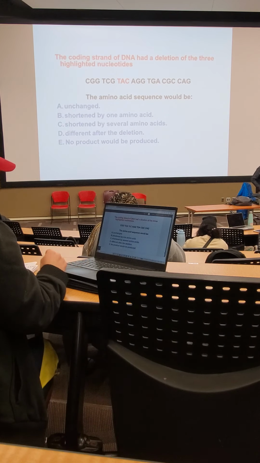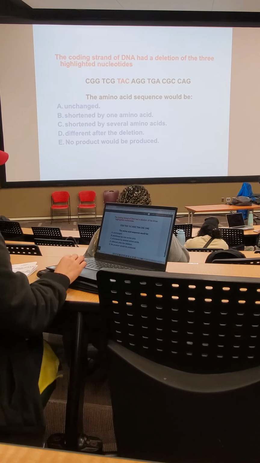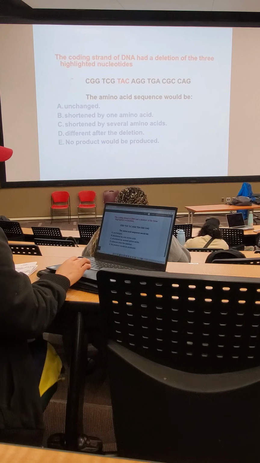So the question says the coding strand had a deletion of these three highlighted nucleotides. What's going to happen? And let's assume we're still at 5' to 3', and let's assume that this is still our reading frame. So what's going to happen?